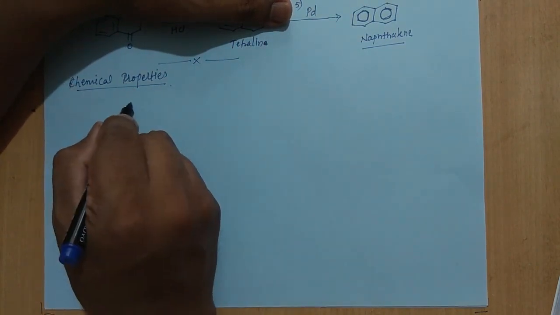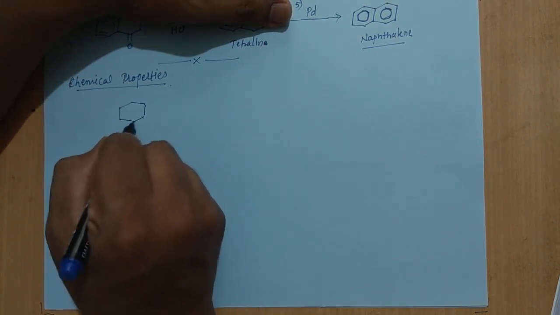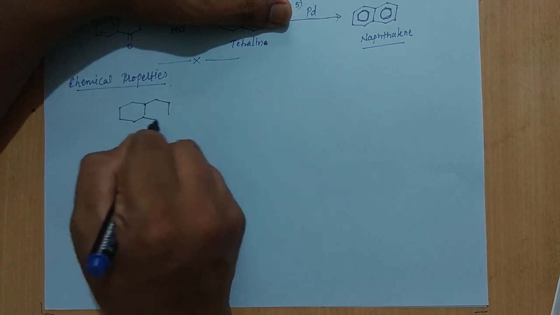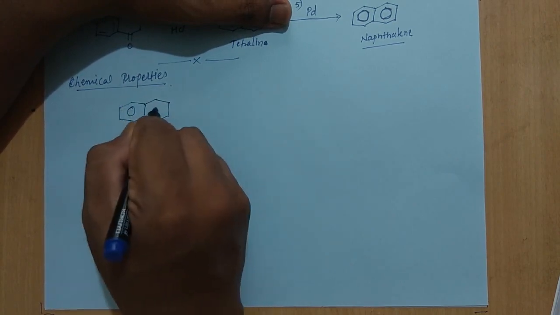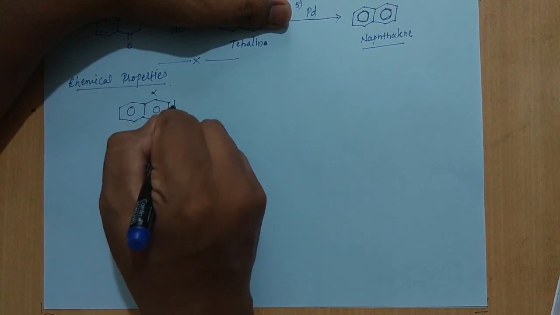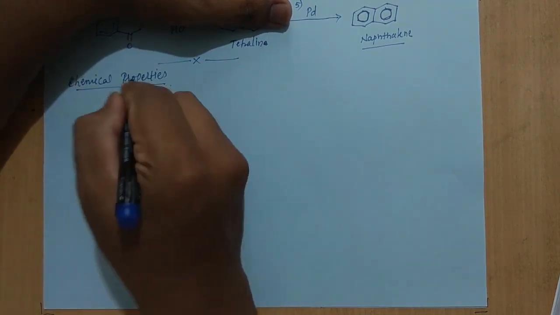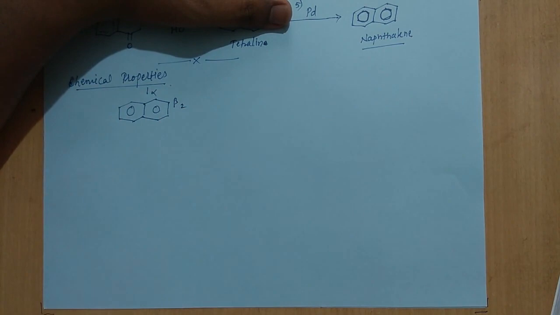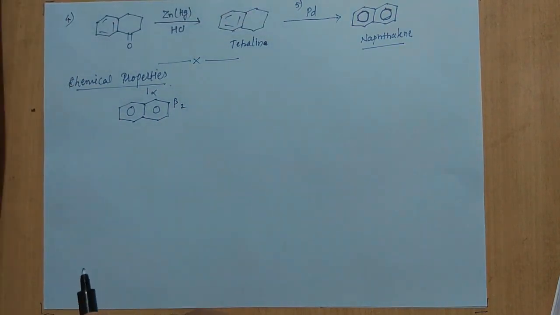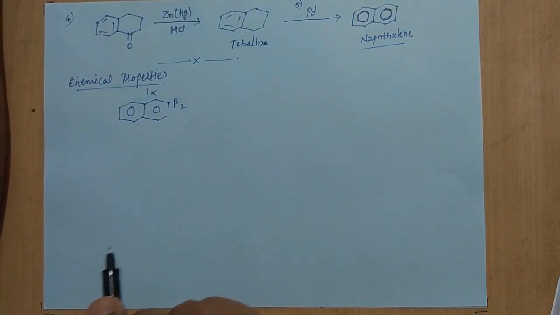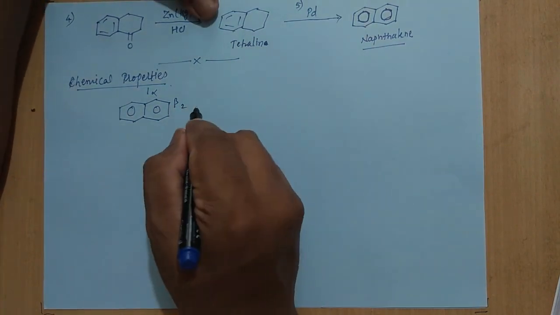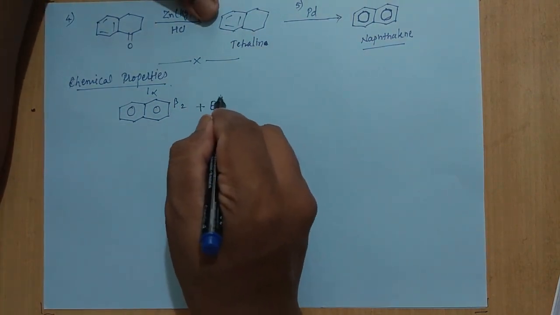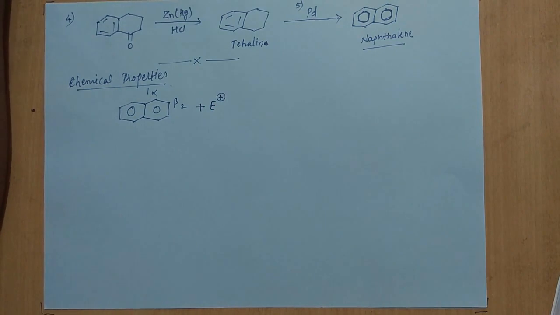Now there are two positions where the electrophile can attack. Okay, this is alpha and this is beta, or this is first and this is second. You can name it any way. Whether the electrophile will attack on first position or on second position.